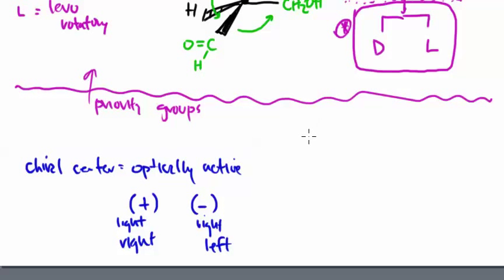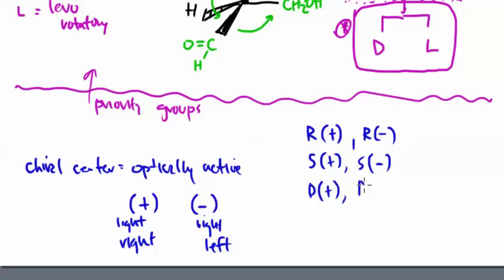So the take-home message here is that you can have a R plus or you could have a R minus. You could have a S plus, you could have a S minus. You can have a D plus or you could have a D minus. Or you could have a L plus or a L minus. Okay, they have nothing to do with each other at all.